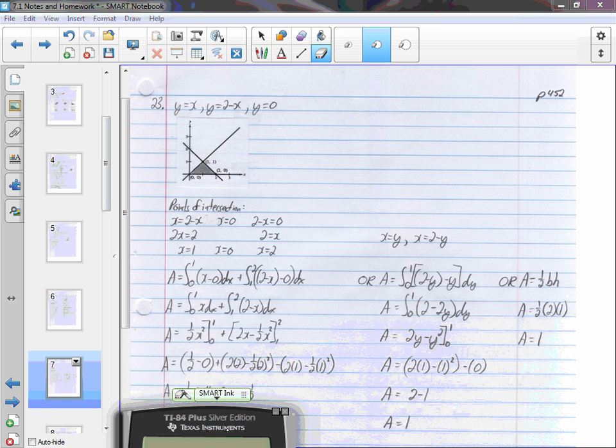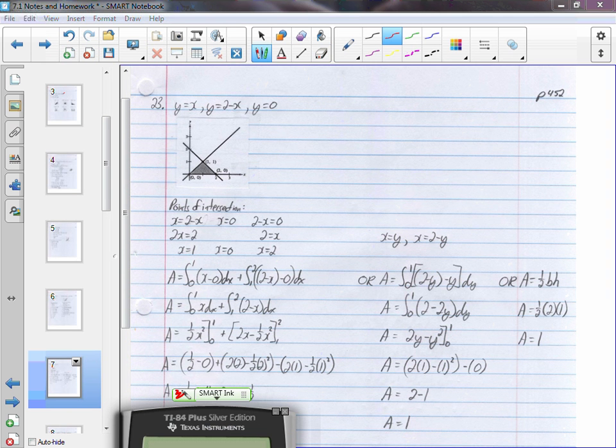Anybody try to do number 23, writing those as functions of y instead? You can. All right, your little rectangle would be like that. So then the curve on the right is always this one. You just need to write it as a function of y.